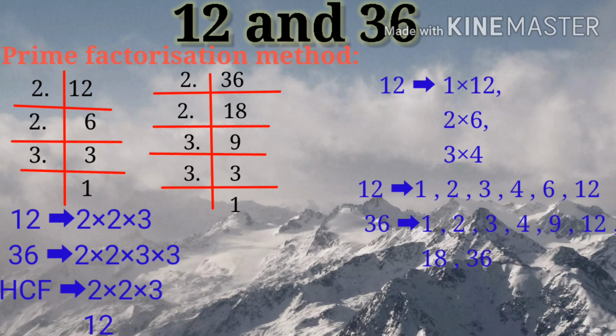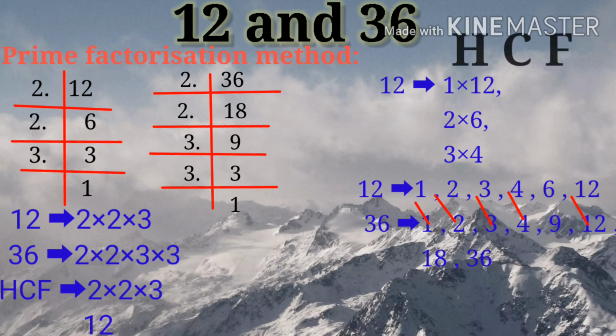So these are the factors of 12 and 36. Now coming to the next term, C means common, so you will take out the common factors. Common factors we have done in our exercise 3.5, so let's take out the common factors. 1 is common, 2 is common, 3 is common, 4 is common, 6 is common, and afterwards, yes, 12 is common. So we got all the common factors among 12 and 36.